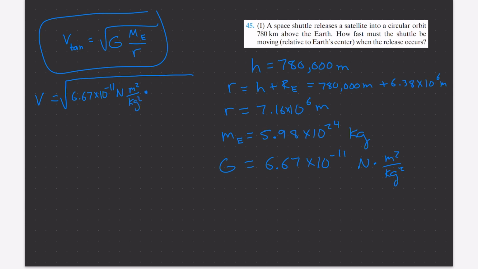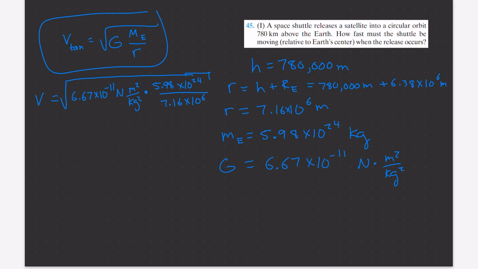I'm going to multiply that by the mass of the Earth, which is 5.98 times 10 to the power of 24. I'm going to cut the units here because I do not have enough space. I'm going to divide that by 7.16 times 10 to the power of 6.